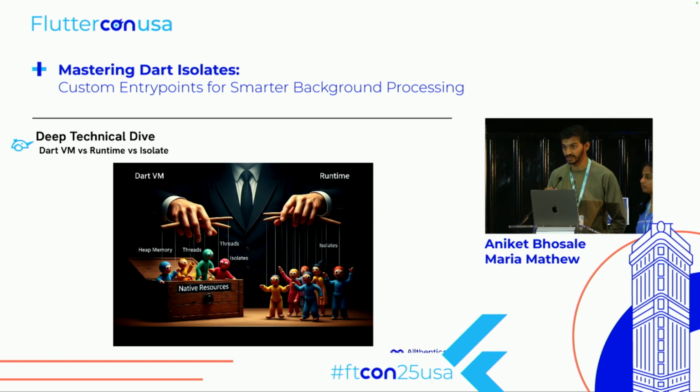This is what's responsible for creating isolates, creating threads, and assigning memory from the native side, so it could be Java on Android or Objective-C on iOS. It allocates these resources to what are known as isolate groups and isolates. And then the runtime is what deals with the life cycle of an isolate, sending control signals to an isolate using its control port. All of that is handled by the runtime.